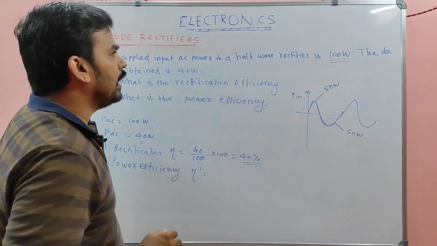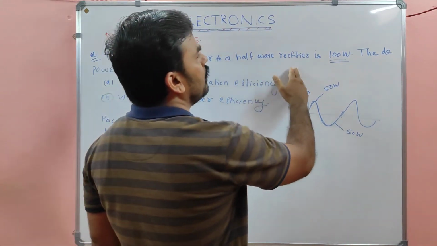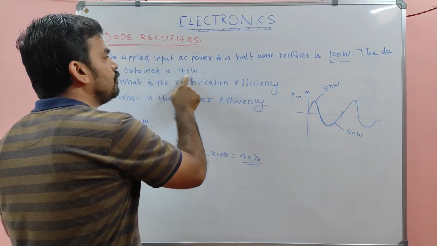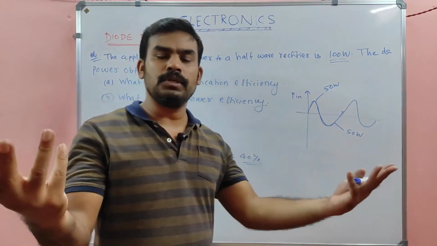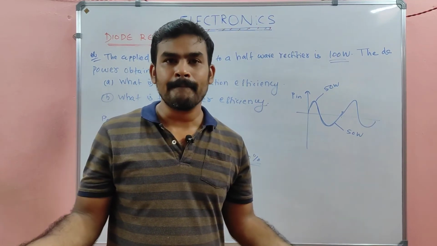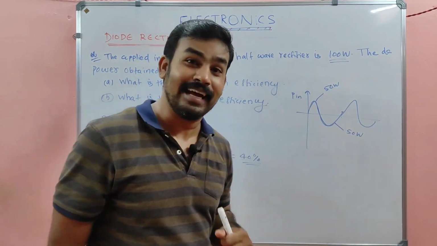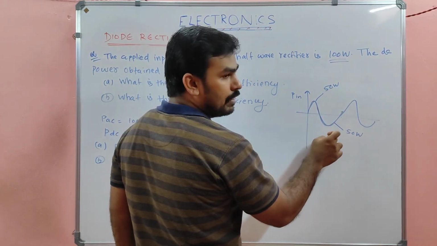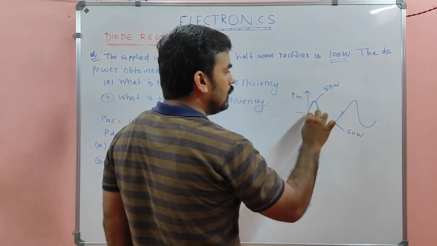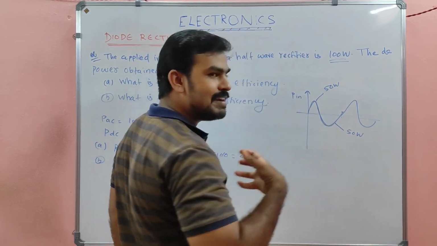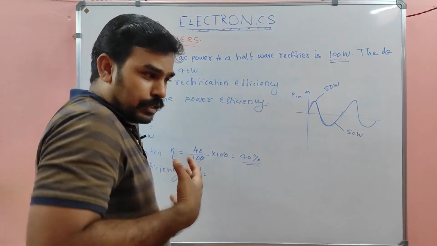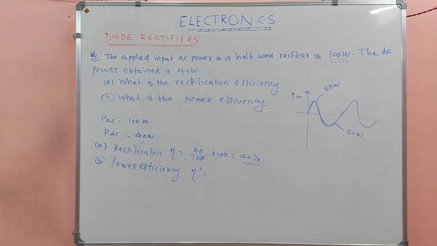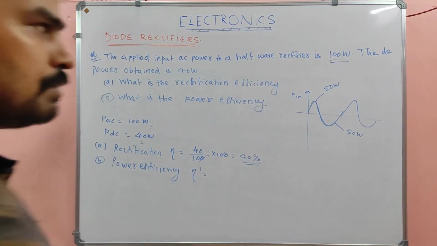You might think that, sir, we are giving 100 watt and the output is only 40 watt. Where is the rest of the 60 watt? That answer is here. So the input power is nothing but 50 watt and 50 watt configuration. So only this 50 watt is available to the diode for conversion. So clear? Only that 50 watt is available to the diode for conversion purpose.